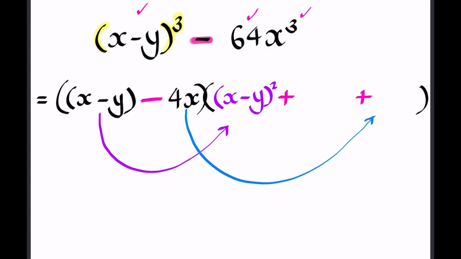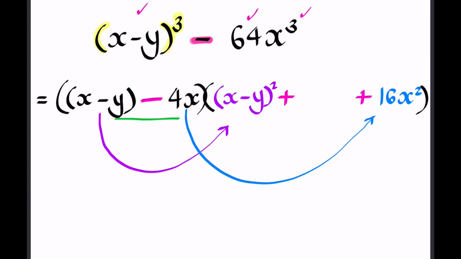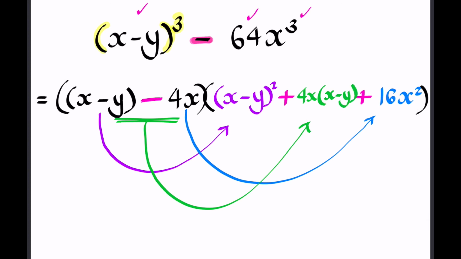The last term is created by squaring the second term in the first bracket, and 4x, if I square it, 4 squared is 16, x squared. And then my middle term is created by multiplying these two terms together. You don't have to worry about the sign because we already did the sign. That bracket x minus y times the 4x will be 4x into the bracket of x minus y.